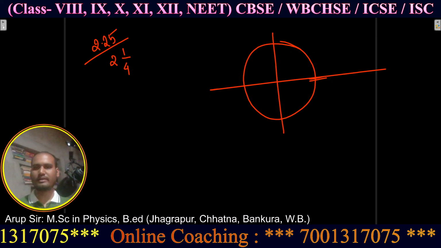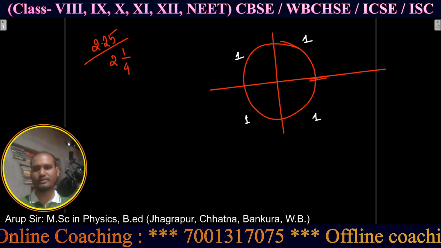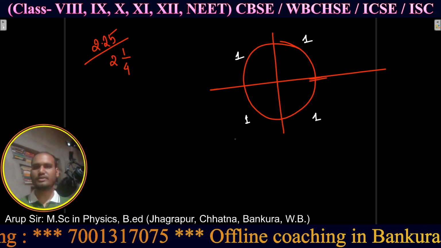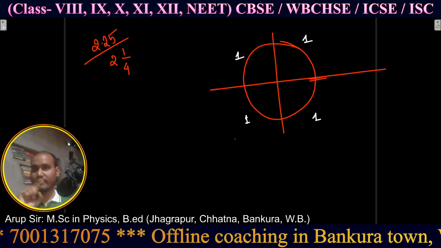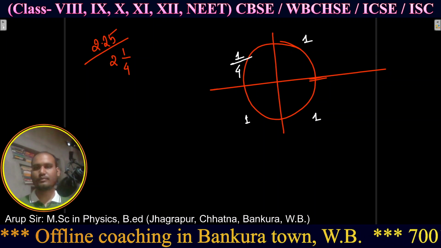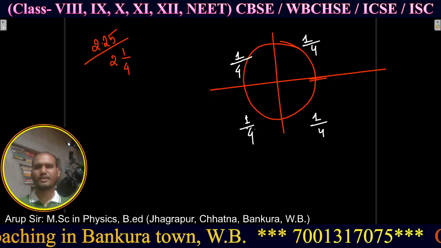This is one part, this is one part, this is one part, this is one part. One part means 1 complete rotation, then since I am dividing it into 4 parts, obviously it will be 1 by 4th, 1 by 4th, 1 by 4th, 1 by 4th.